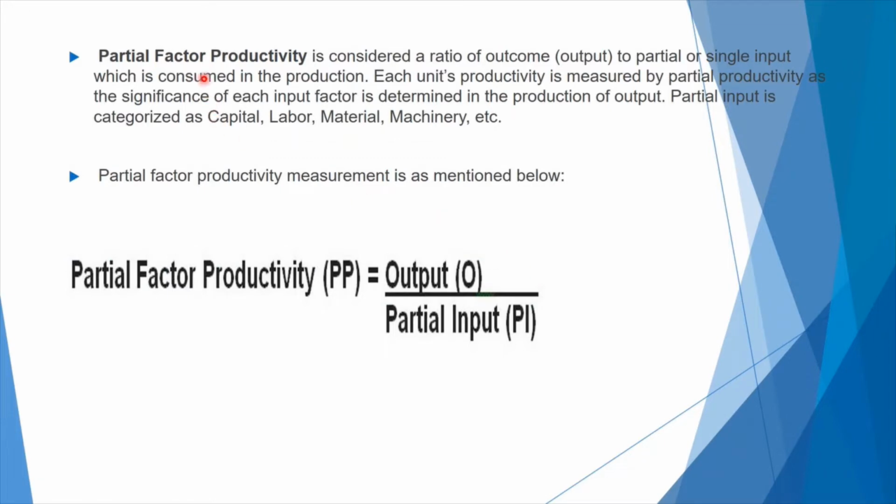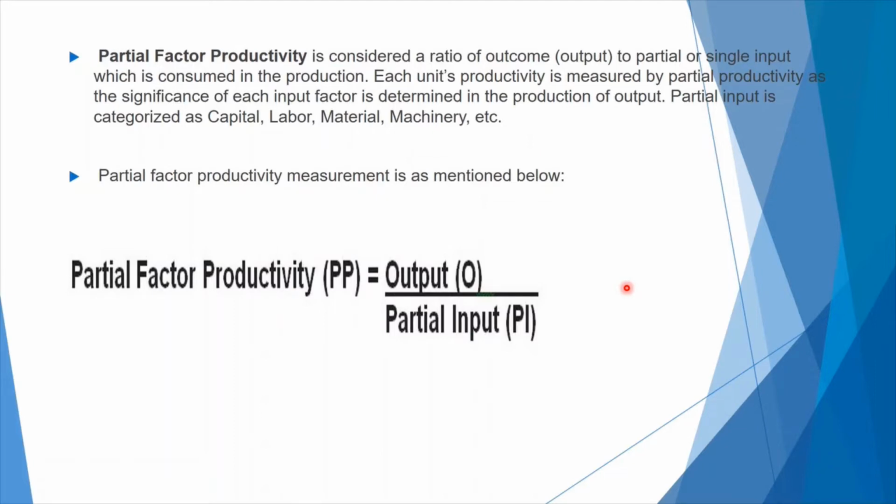So what is partial factor productivity? Partial factor productivity is considered as a ratio of output to a partial or single input which is consumed in the production. Each unit's productivity is measured by partial productivity, the significance of each input factor is determined in the production of output.